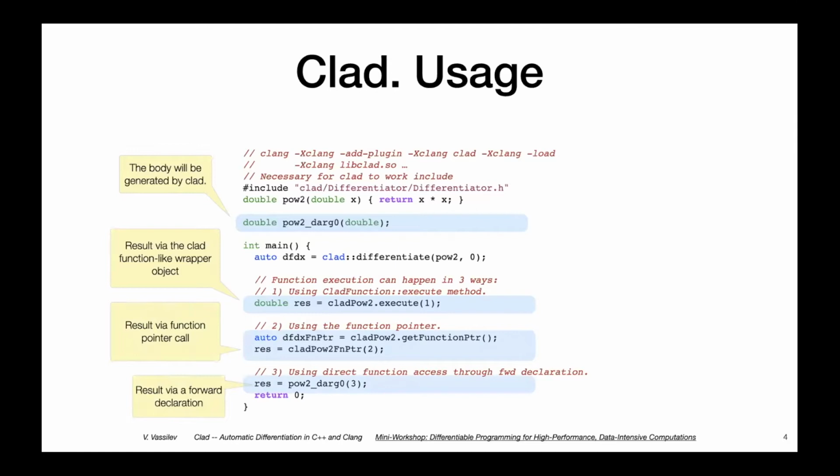And the last way is to just forward declare the result and use it. So those are the 3 different patterns, and you will see a few of those in their use cases.